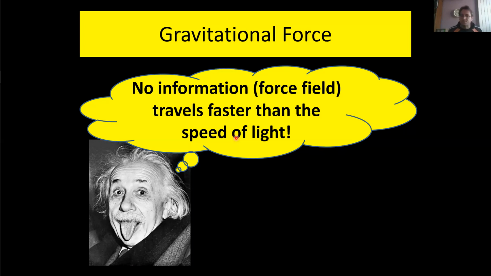And this is transmitted via exchange particles. The one for gravity would be called the graviton. It should be massless. The catch is we haven't found it. The exchange particle for the electromagnetic interaction is the photon, the light particle. This would be another description.